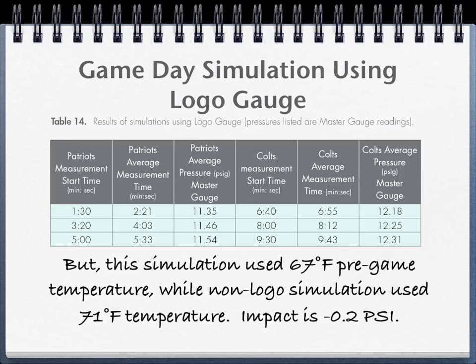One is that the Patriots measurements start at 1 minute 30 seconds after going into the room, I assume. Another one starts at 3 minutes 20 seconds after going into the room, and another one starts at 5 minutes after entering the room. And so the next slide will present the extrapolated data. It's in the same format.